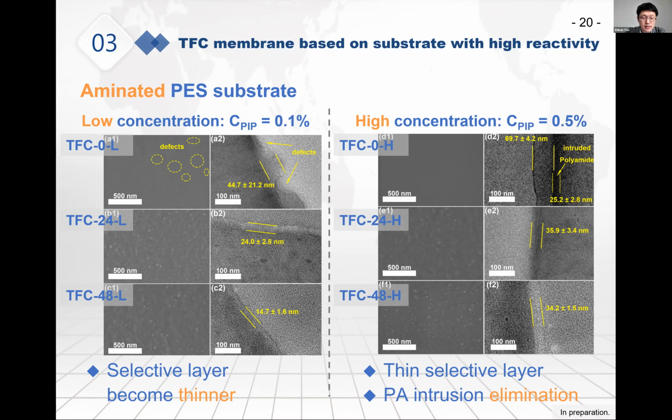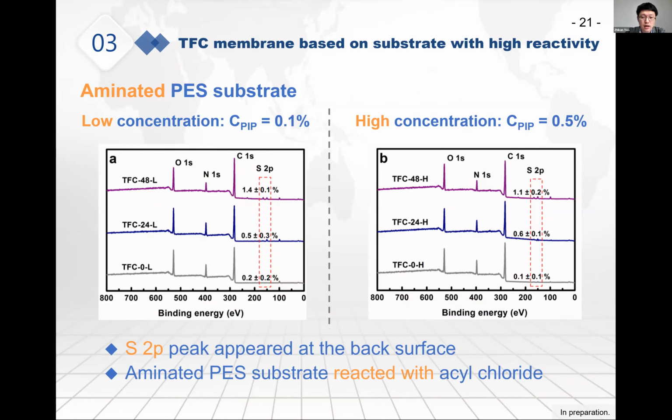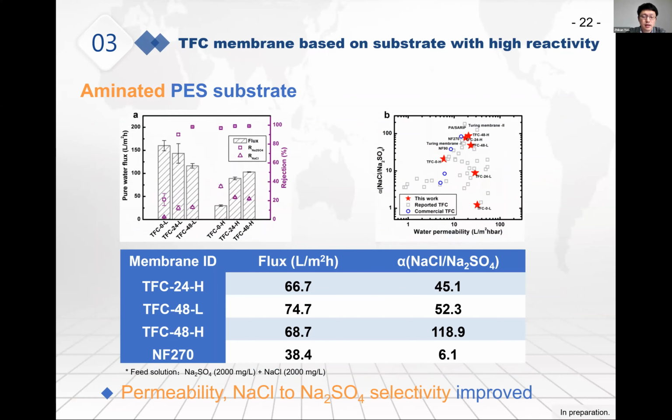Then the XPS result on the back surface of the selective layer proved the reaction between the aminated PS substrate and TMC due to the appearance of the signal of sulfide. Then the performance of the TFC membrane prepared on the substrate with high reactivity was tested.